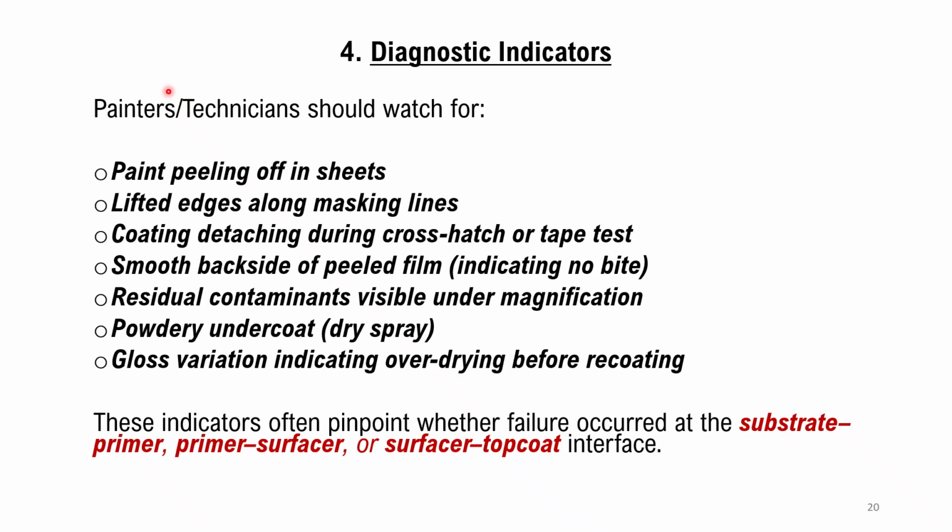Regarding diagnostic indicators, painters or technicians should watch for the following. Paint peeling off in sheets, lifted edges along masking lines, coating detaching during crosshatch or tape test, smooth backside of peeled film indicating no bite, residual contaminants visible under magnification, powdery undercoat, gloss variation indicating over-drying before recoating.